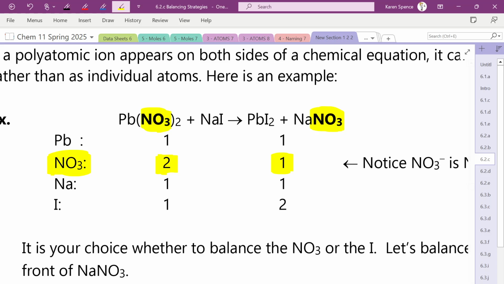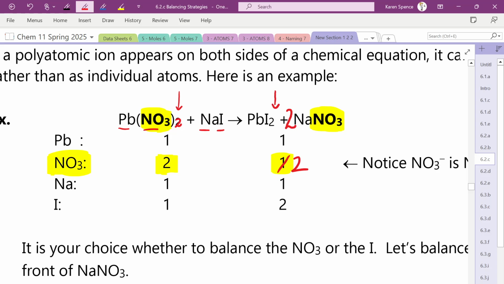This is a double replacement. We've got a compound and a compound. And our most complex formula, there isn't really one, but you could either go with this one, which has a 2 on the outside, or this one, which has a 2 on the outside. Let's give ourselves 2 nitrates. So let's put a 2 here.